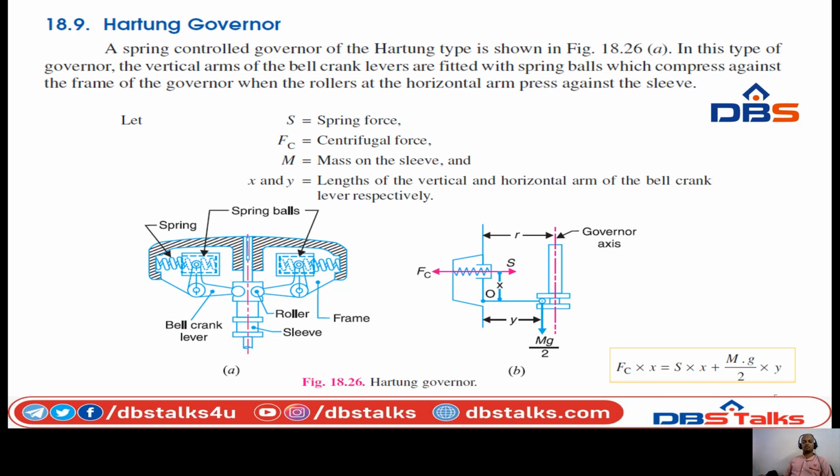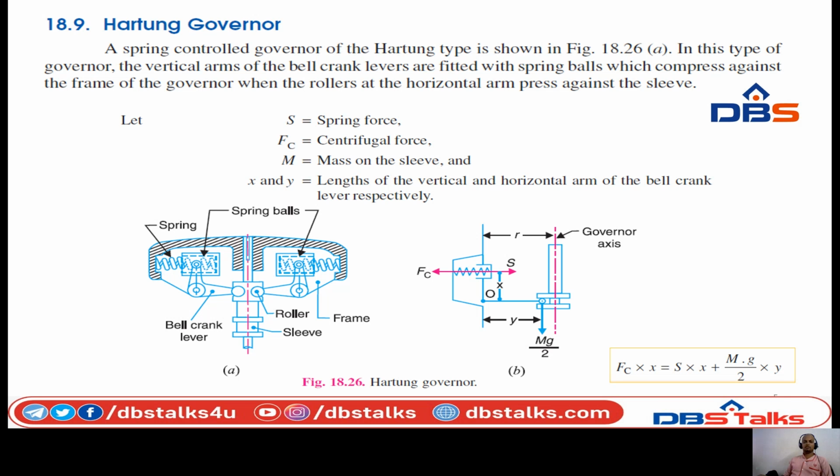The Hartnell governor is a spring loaded type governor. It consists of two bell crank levers which are pivoted at the points O and O to the frame, as we can see in the diagram. The frame is attached to the governor spindle and therefore it rotates with it.